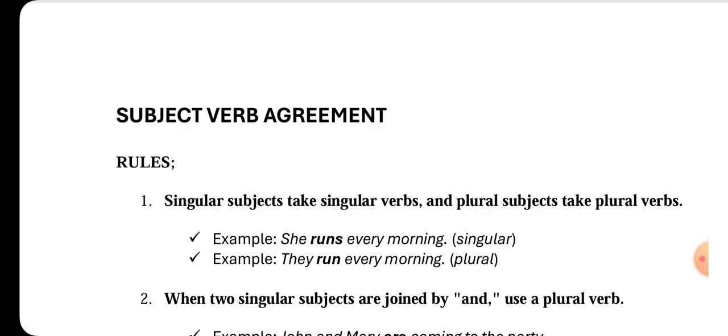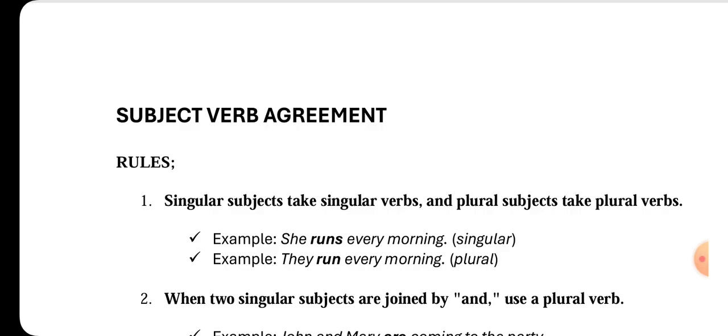If the subject is singular, then the verb should also be singular. But where the subject is plural and the verb is singular, there is a problem with subject-verb agreement. It becomes an error. Do you get it? Or if the subject is singular and you make the verb plural, you make the same mistake.